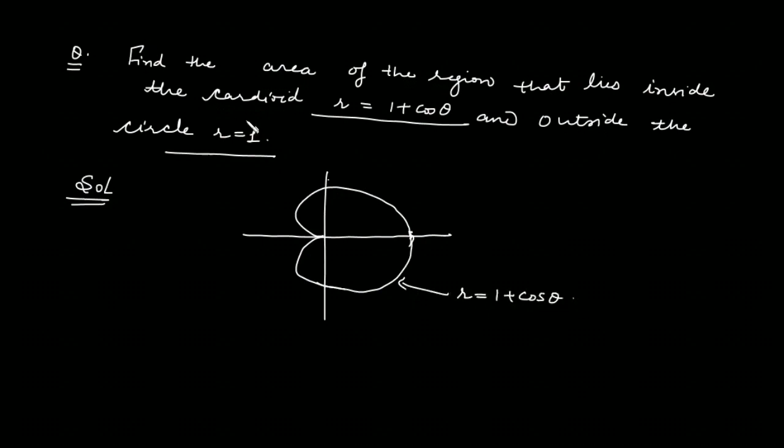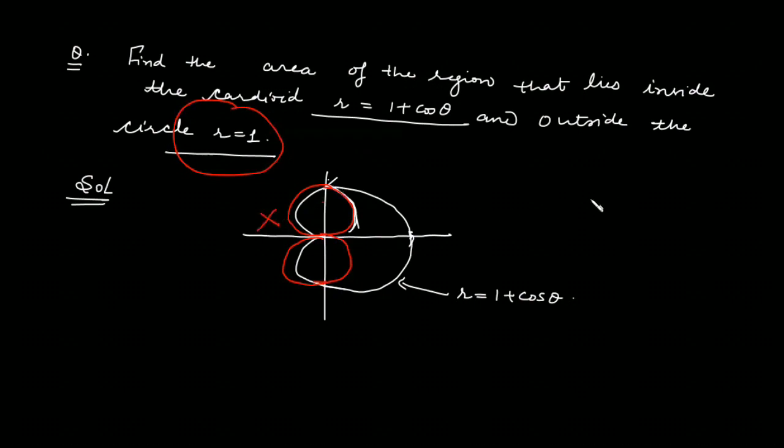Now we have to draw the graph of a circle. So this is 1. Wait a minute, we can take a different color. Oh, sorry. We have to draw a circle with radius 1.